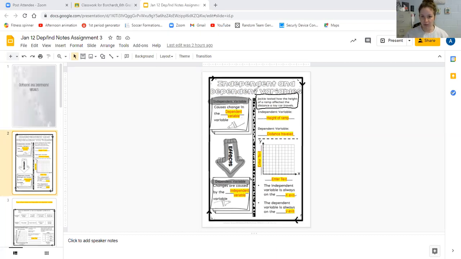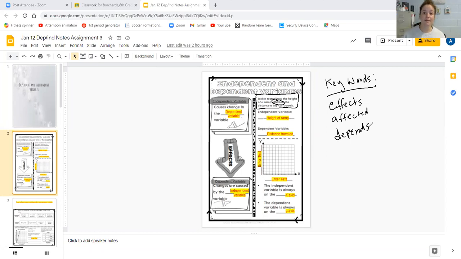There is a keyword in there, affected. Circle that or make note of that. Some keywords that you need to keep in mind: affects, affected, and depends.